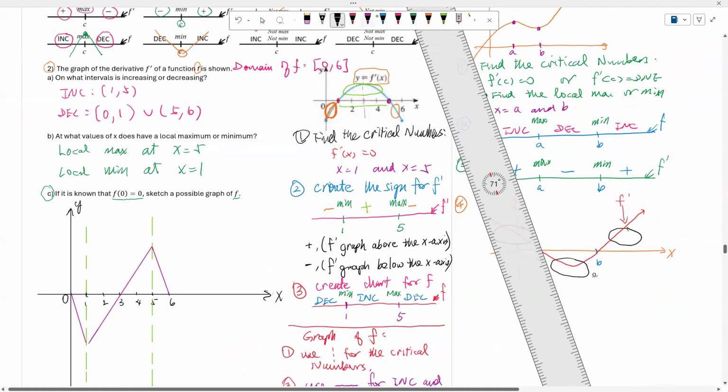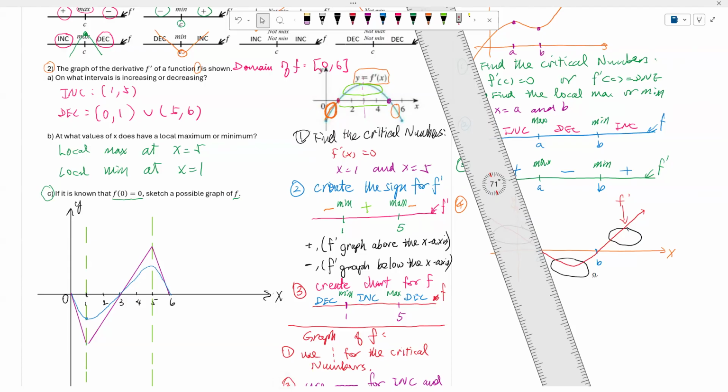One thing about this is first we are going to have a local minimum on this vertical line x equal to 1. And then the local maximum is on x equal to 5 right here. Okay. Then again, remember, we just need to work with a smooth curve. Okay. So then kind of like this. And then curve back.